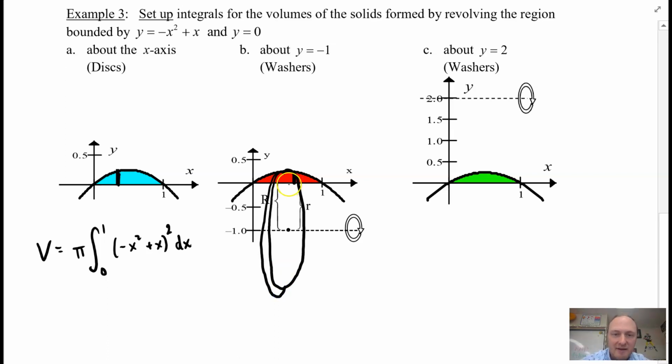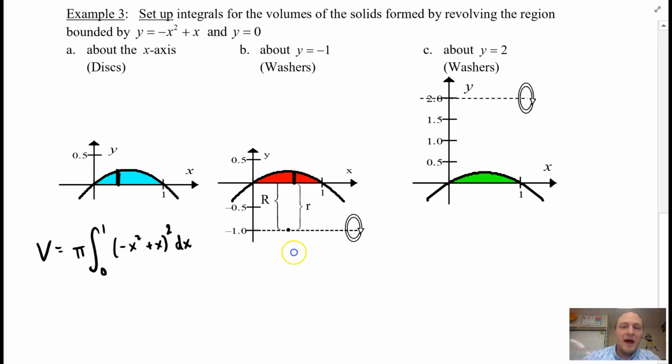Then I have this little region represented as a little r, and notice that it has a gap, that there's nothing there. So what we get is something that looks like this. You can envision the solid is going to look like a washer. Hence, it's called the washer method. You know, when you're putting screws and nuts together and you have the washer, the little tiny thing in between. That's why this is called the washer method.